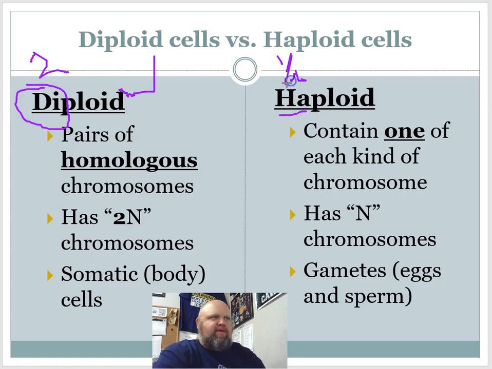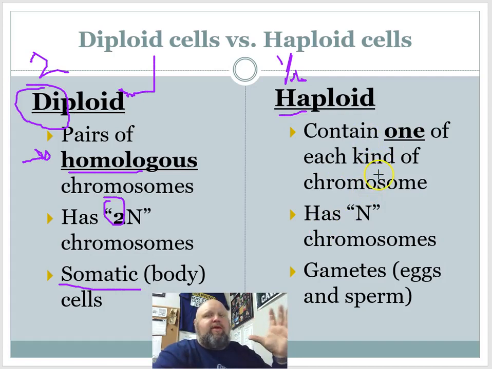Diploid contains a pair of homologous chromosomes, meaning they have two of the same. These are somatic cells. Haploid contains half. It only has one of each gene.